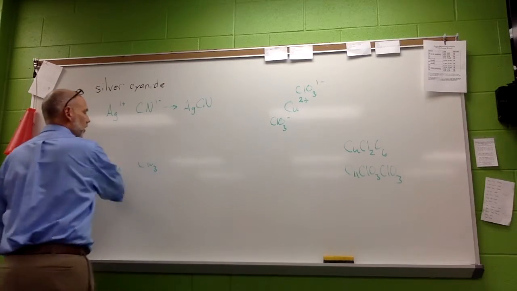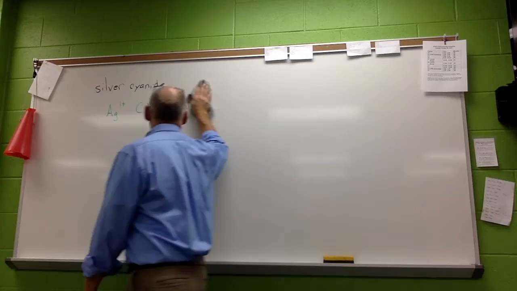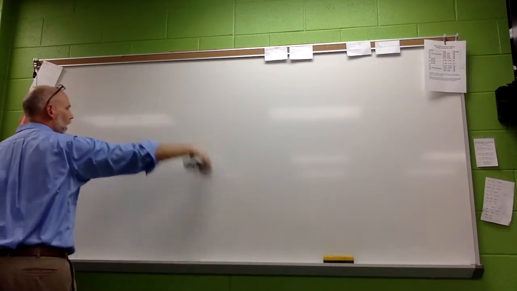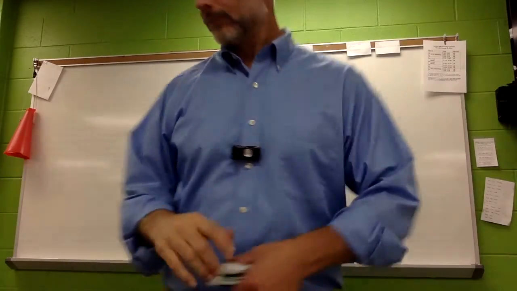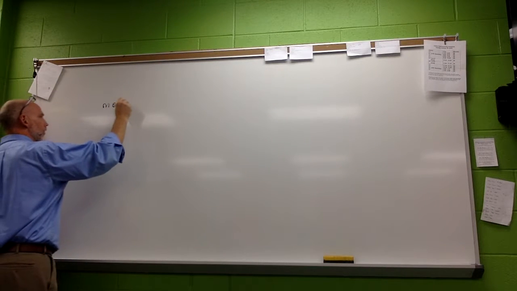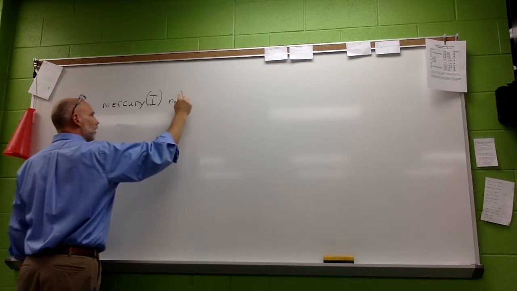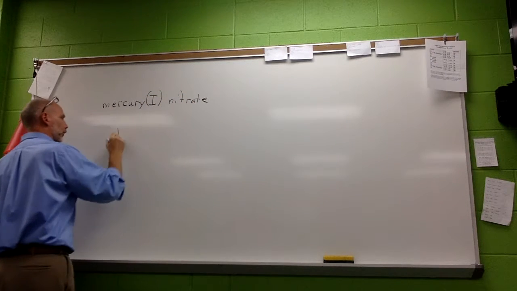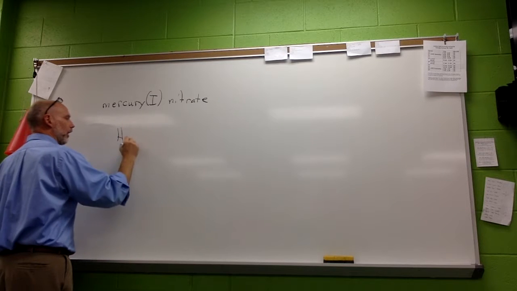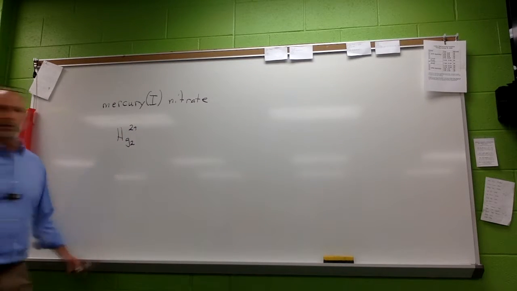What's the last one? Let's see if we can apply what we learned earlier. Mercury 1, as we all know, is a diatomic ion with a 2 positive charge.